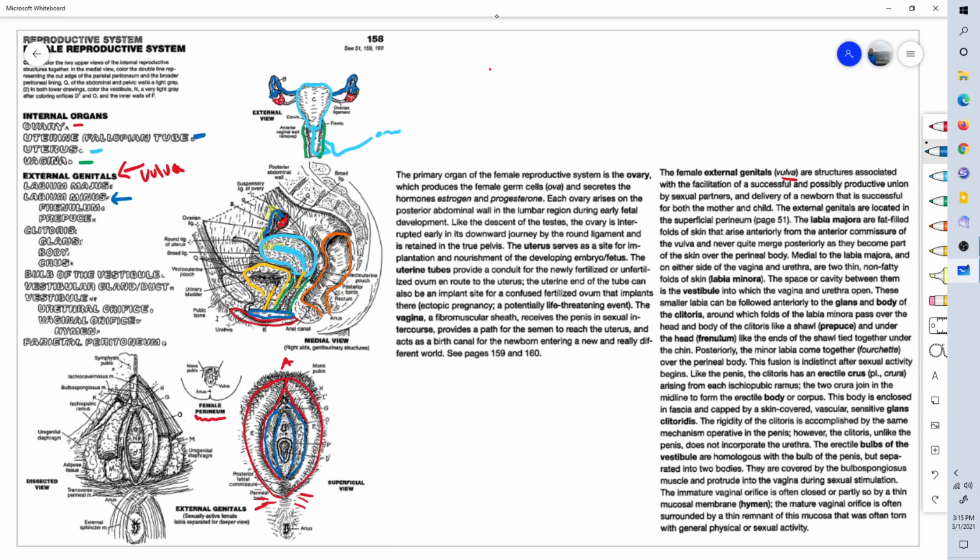But the labia minora actually extends up and around, and also underneath this structure here called the clitoris.